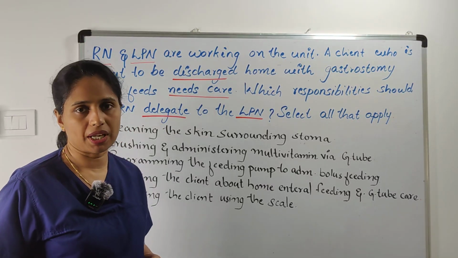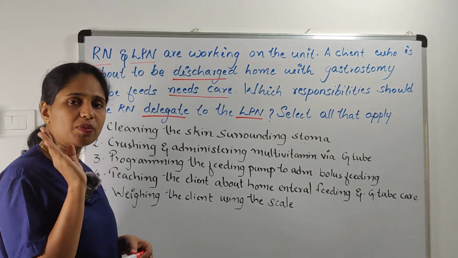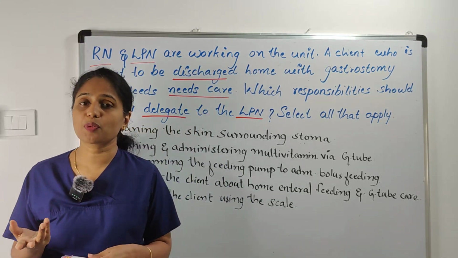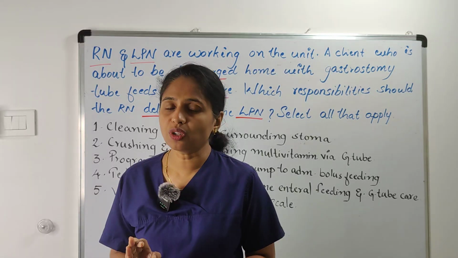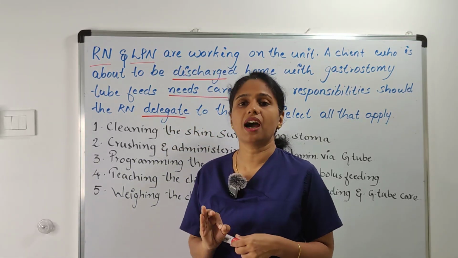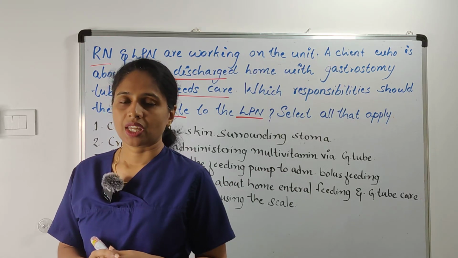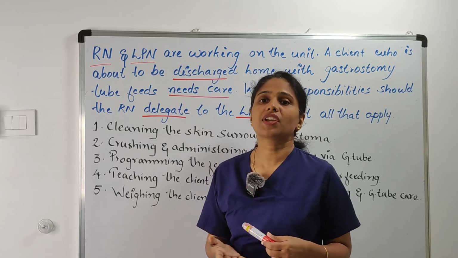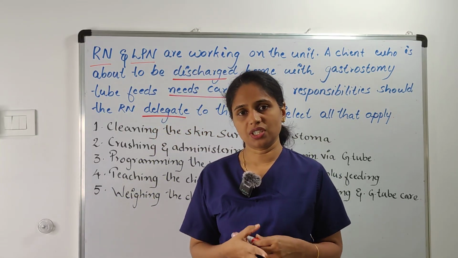Select all that apply. Here you should remember what responsibilities can be performed by the RN and what can be performed by the LPN. So you should know the job responsibilities of the RN as well as the licensed practical nurse. Completing the nursing process, administering injections, and giving education are the responsibilities of the registered nurse.